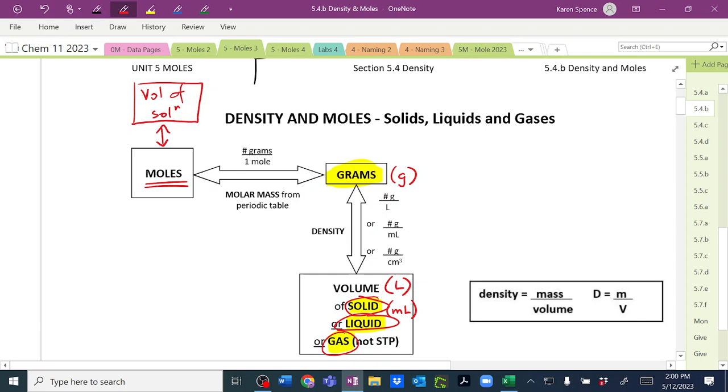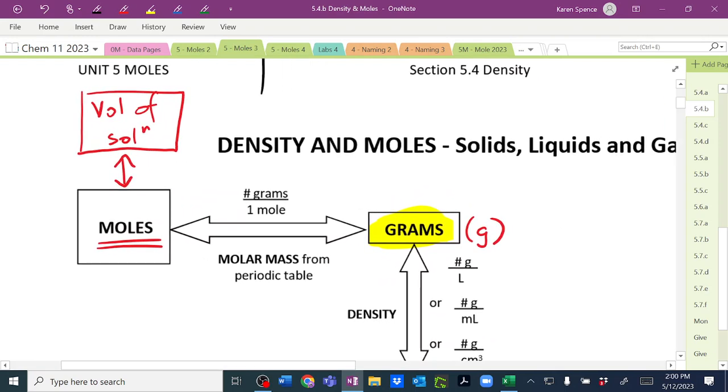And what do we use to convert between moles and volume of a solution? Molar mass would find grams. Remember, volume is liters and moles is moles. So you need something that converts between moles and liters, which would be molarity, moles per liter.